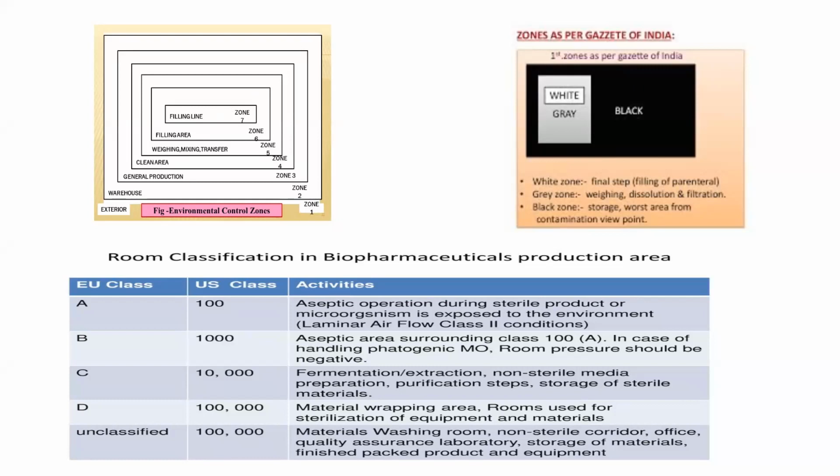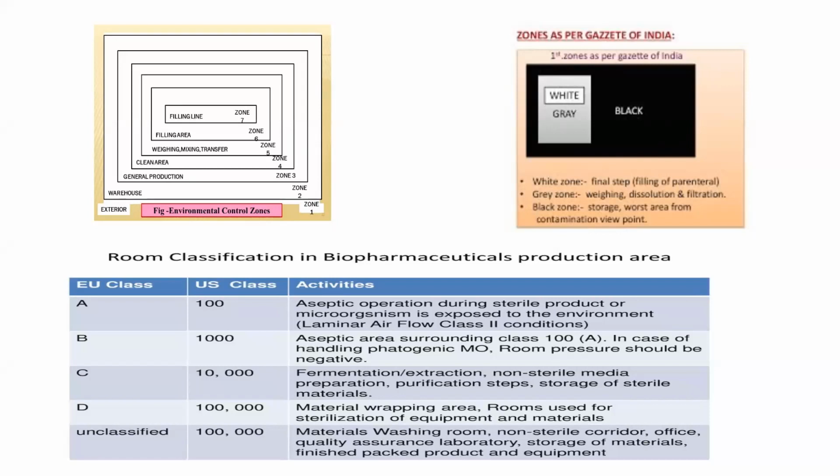So we'll have the entire filling room, but the filling pipes or filling stations will be exposed or open only in zone 7. Thus we have various classifications of the air quality. The Indian government defines classification as white, gray, and black. Black area is the one where storage or warehousing occurs, and there is no such control over the air quality.